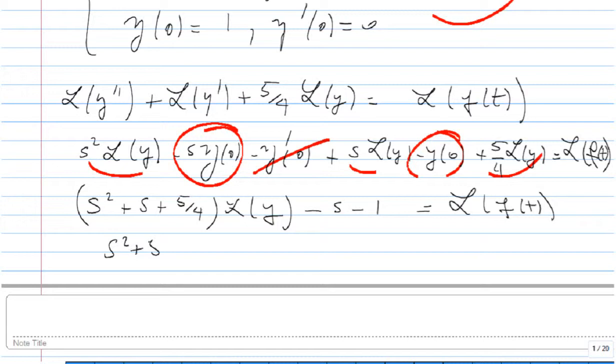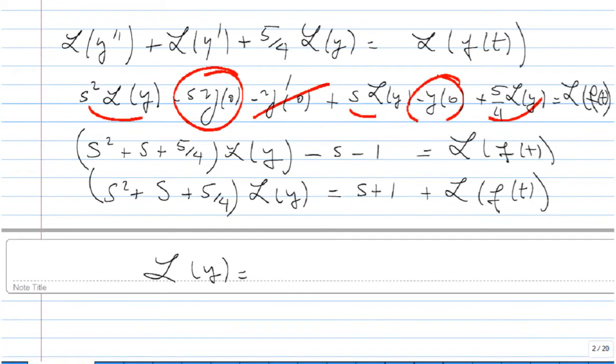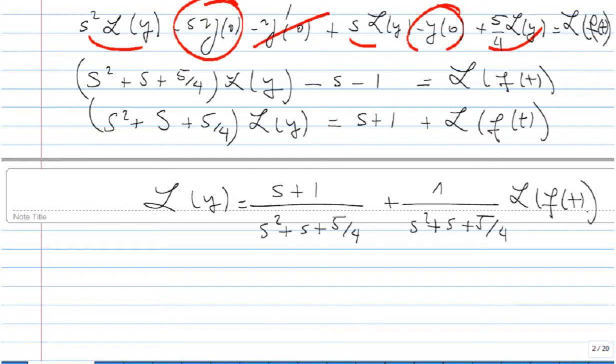Therefore, s squared plus s plus 5/4 Laplace of y. We move minus s minus 1 to the other side, and this will give me Laplace of f of t. And finally, Laplace of y equals s plus 1 over s squared plus s plus 5/4, plus 1 over s squared plus s plus 5/4 Laplace of f of t. And now we need to find f of t.